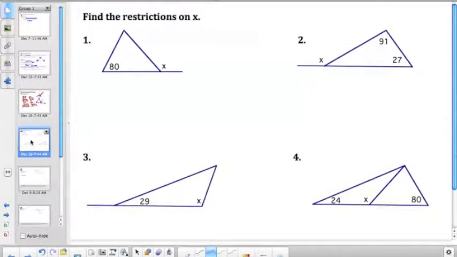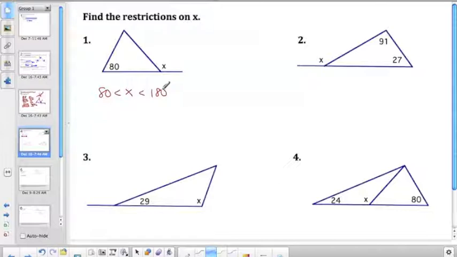We got our friends, the restrictions that you guys loved so much the first time around. So now what we can say is that since x is an exterior angle, we know that it's got to be bigger than 80. And then the only other restriction is that it has to be less than 180, because that's the biggest that it could be.